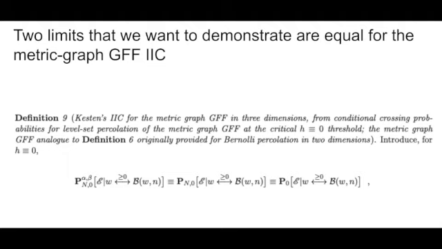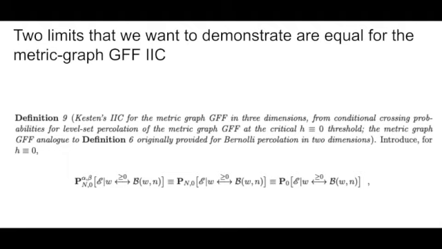So the first definition is Kesten's incipient infinite cluster for the metric graph Gaussian free field in 3 dimensions, from conditional crossing probabilities of level set percolation of the metric graph GFF at the critical h equal to 0 threshold. And we introduce this quantity, given in definition 9 of the upcoming project, because it serves as a metric graph Gaussian free field analog to one of the definitions that Kesten originally provided for Bernoulli percolation.